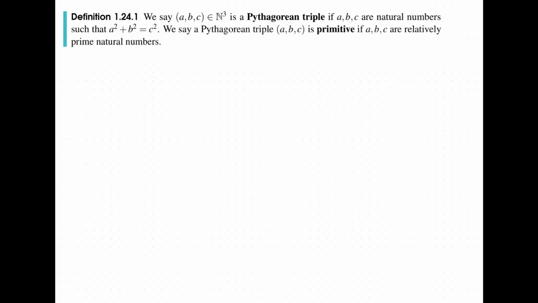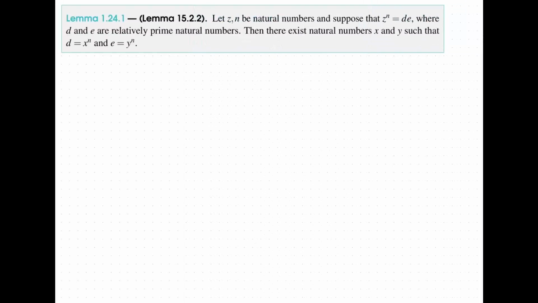And so to set standardized terminology, we're going to say that a triple (a, b, c) of natural numbers is a Pythagorean triple if we have that a squared plus b squared is equal to c squared. And we are going to call a Pythagorean triple primitive if a, b, and c are all relatively prime natural numbers.